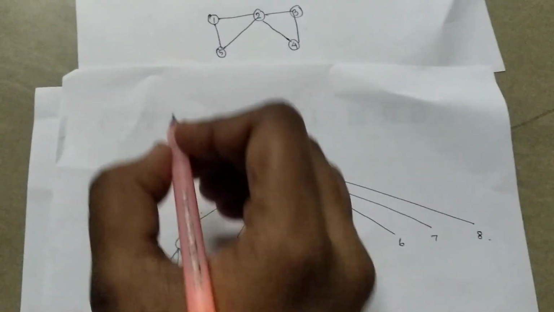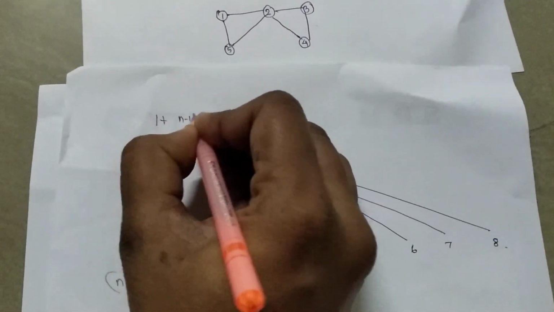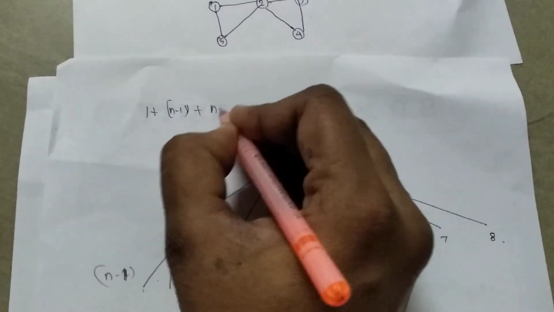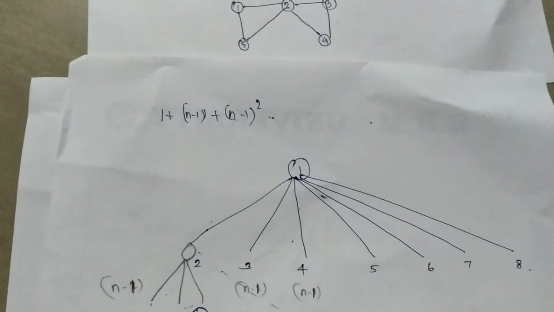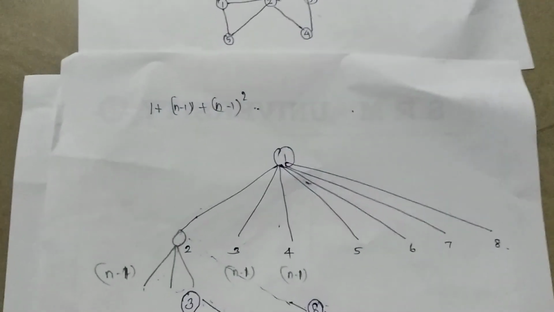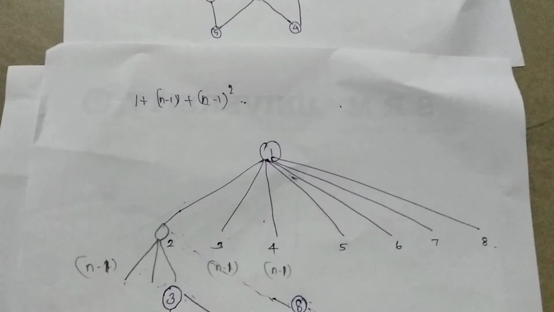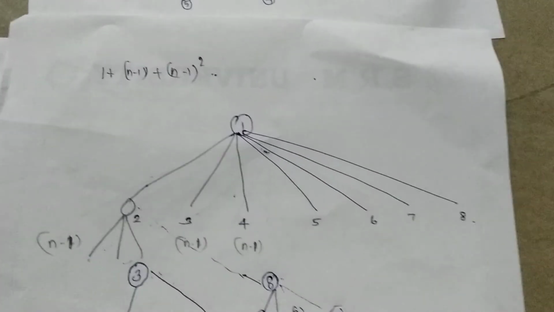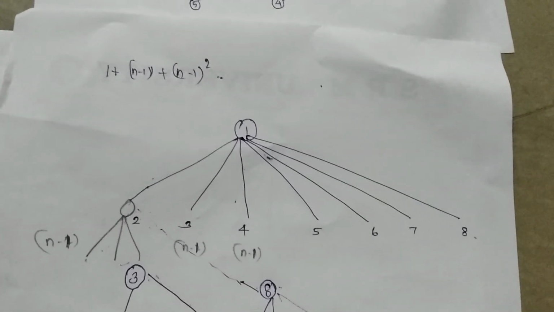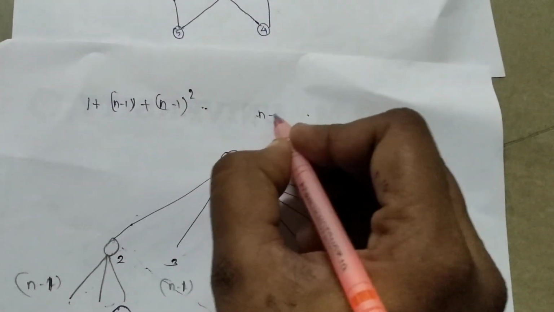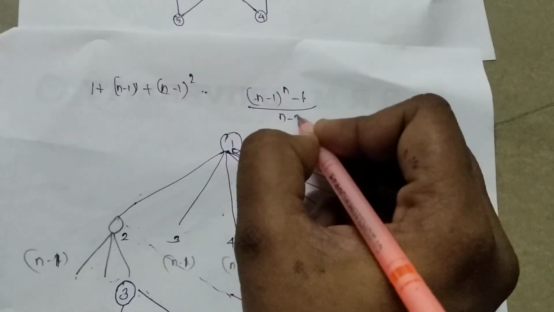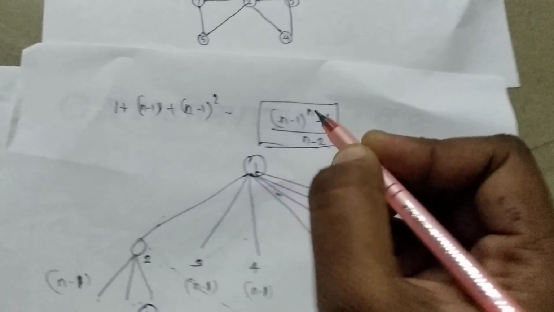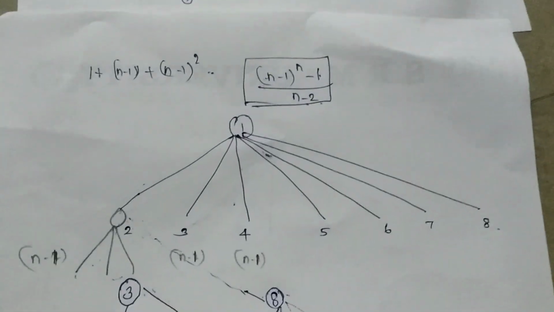So every time it starts from 1, n minus 1 and then n minus 1 whole squared, like this up to n minus 1 to the power n. So it is in exponential form, right? So the total complexity for this algorithm is n minus 1 to the power n minus 1 divided by n minus 2. This is the complexity of this algorithm. Okay.